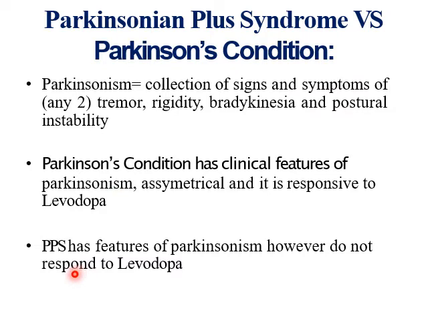However, people with Parkinson's plus syndrome or PPS or atypical Parkinsonism may also show features of Parkinsonism. However, they will not respond as well to the levodopa medications. We will talk more about people with Parkinson's plus syndrome or atypical Parkinsonism towards the end of this lecture.